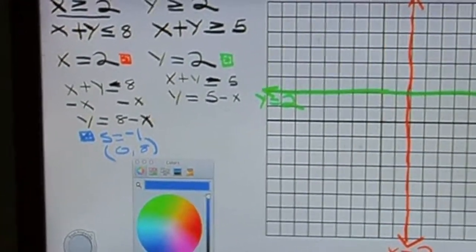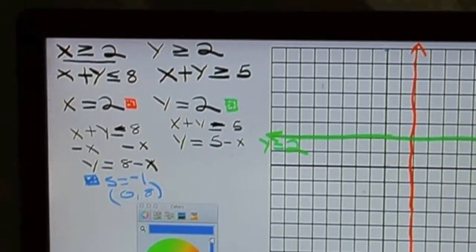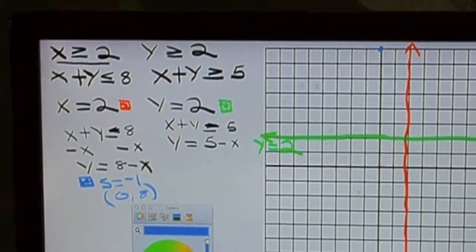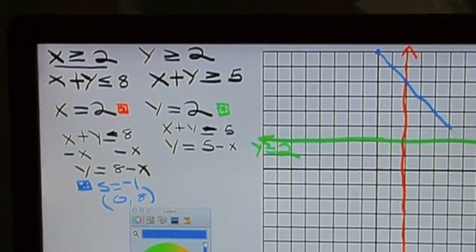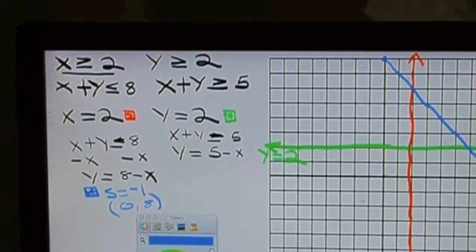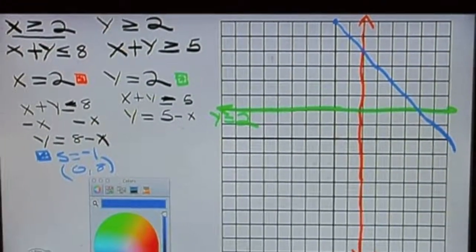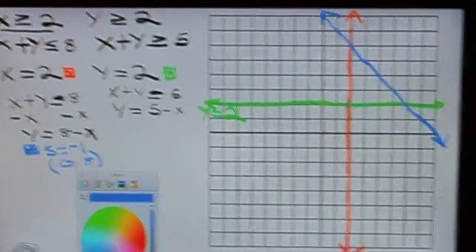So you count up till you get to 8. And then, since it's a -1 slope, you're just going to go down 1 each time. So your slope is negative. It's a -1.